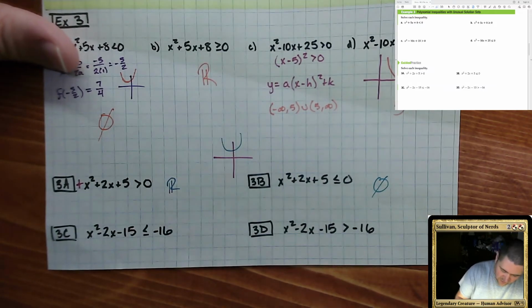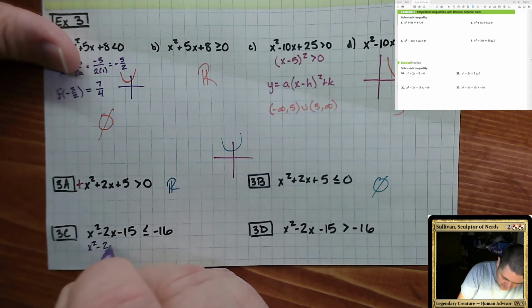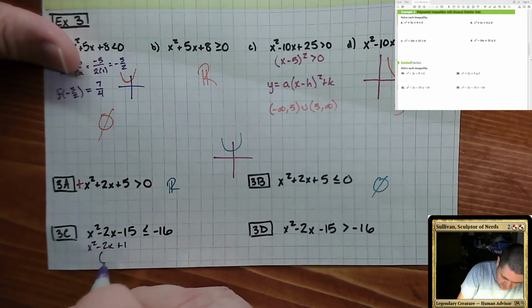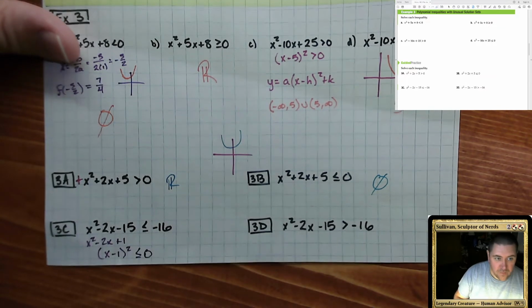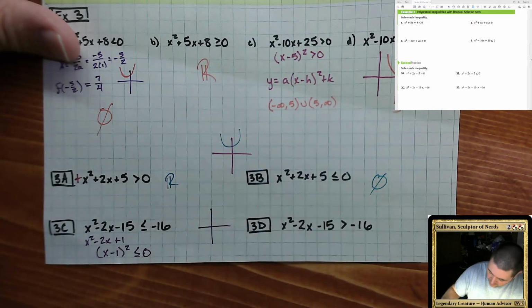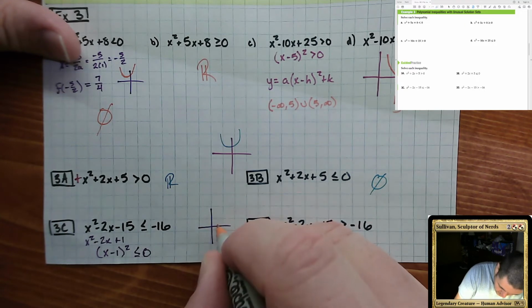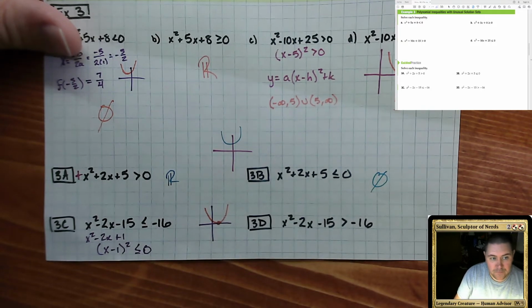I'm going to have to move that 16 first, getting x squared minus 2x plus 1, which is x minus 1, the quantity squared. Which, again, is a parabola that hits exactly once with a vertex right at 1.